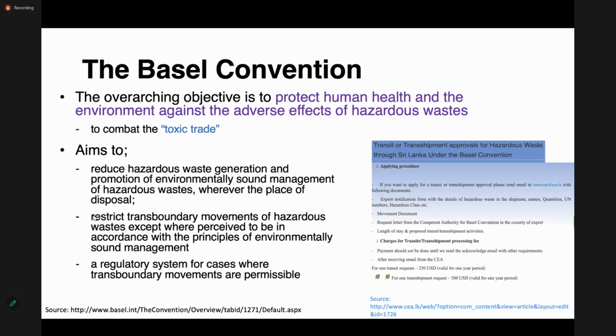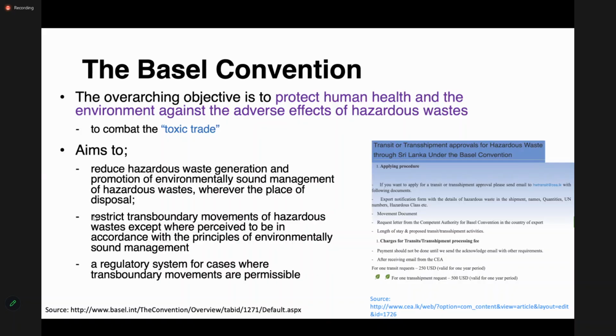Then there's the Basel Convention, again trying to protect human health and the environment against adverse effects of hazardous wastes. So basically, you're trying to combat toxic trade, where, say, some developed countries might dump toxic or hazardous waste in an under-developed country.